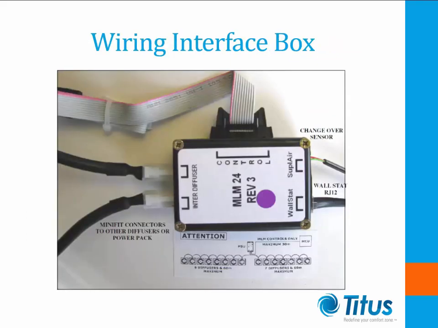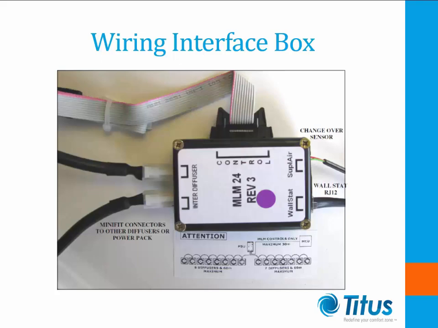When several VAV diffusers are used together in a system, an interface box supplies additional power and allows communications to a central unit if desired. The connectors are separate styles that are not interchangeable to make installation virtually foolproof. Wall sensors are connected to a simple RJ12 modular connector, similar to traditional phone system connectors.